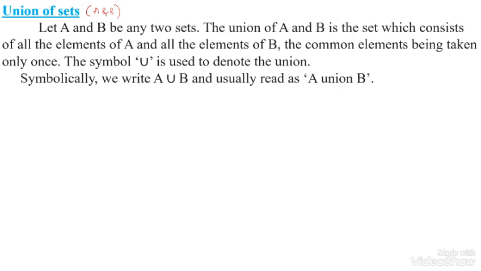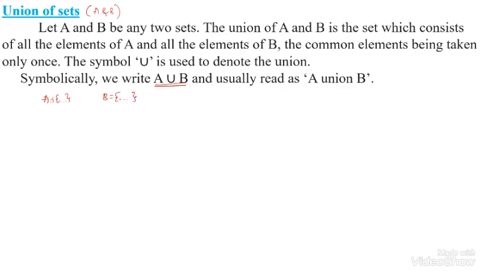Here there are two sets, A and B. Symbolically, we write the union as A ∪ B. Here A is a set containing some elements, and B is a set containing some elements.